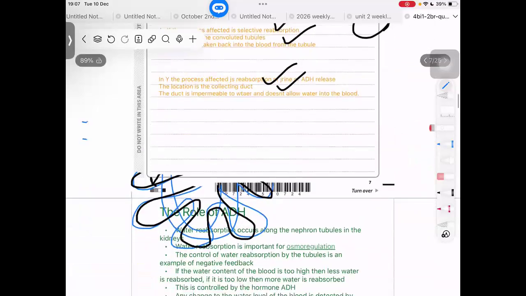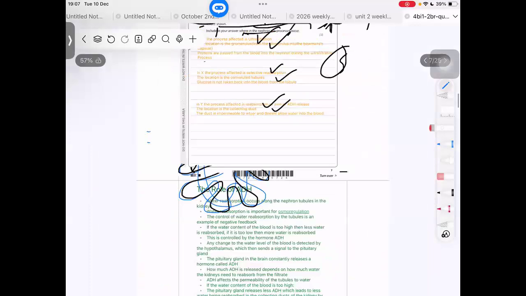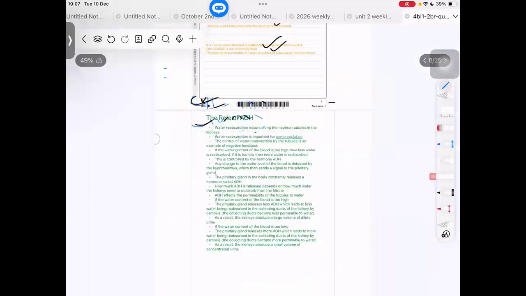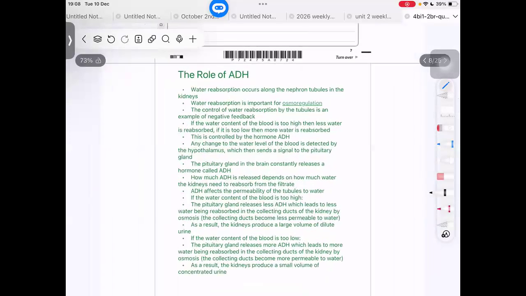Now, I have given a description of the role of ADH, just to make sure that you have an idea about that. You should know this ADH is basically secreted by the pituitary gland.